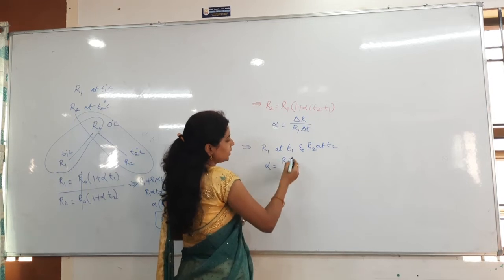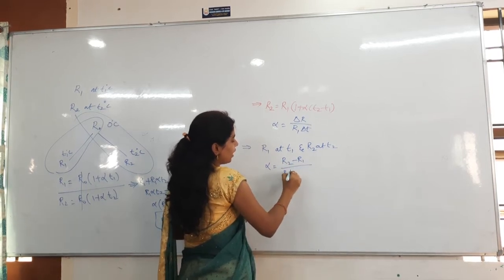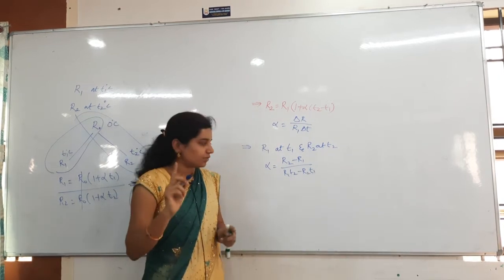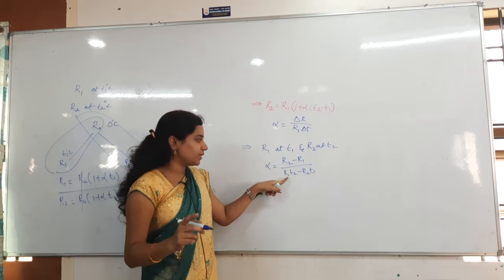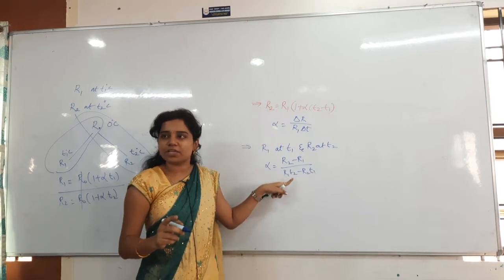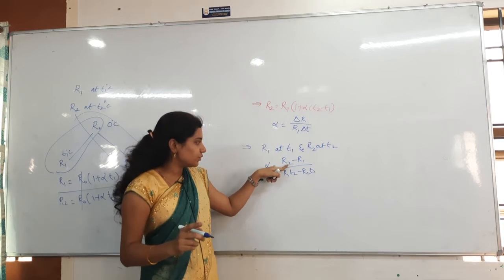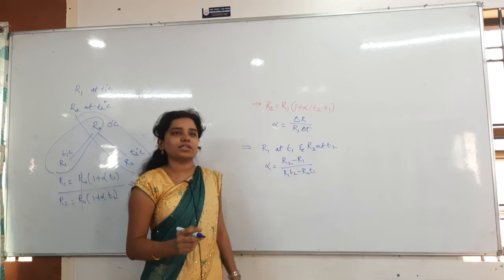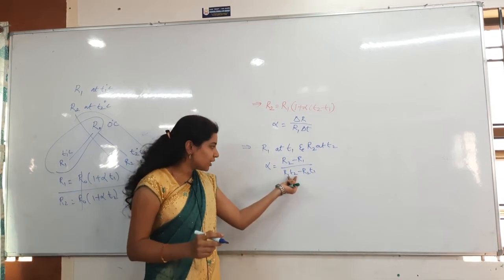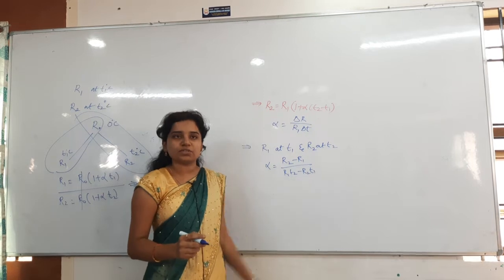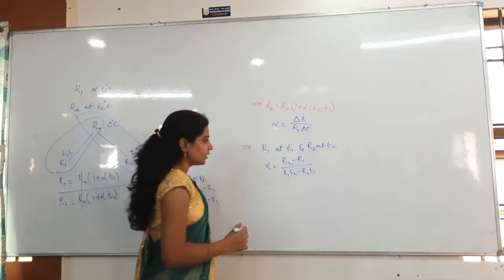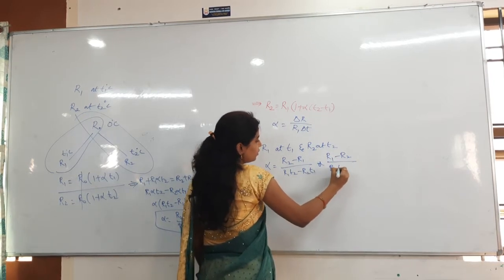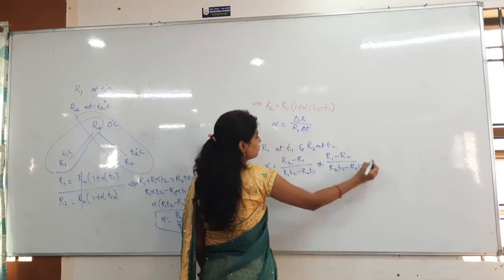R1 at T1, at the moment R2 minus R1 by R1 T2 minus R2 T1. Always remember, for this I will tell you one trick to remember. Here 2 coming nothing but here 1 will come. You have to remember that, otherwise you will get a wrong answer. Why? Because if you take it as 2 at that time you will get a negative answer. Otherwise if you take both the same, R1 T1 R2 T2, you will get a wrong answer directly. So take that properly. Otherwise you can take it as R1 minus R2 by R2 T1 minus R1 T2. Anything you can take.